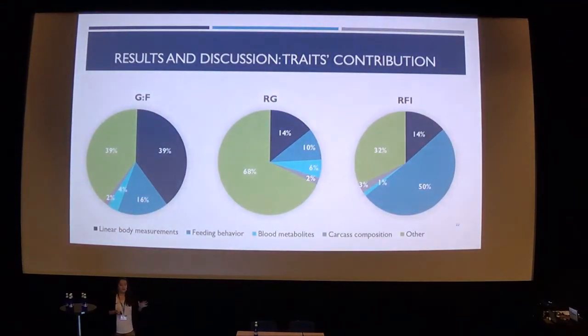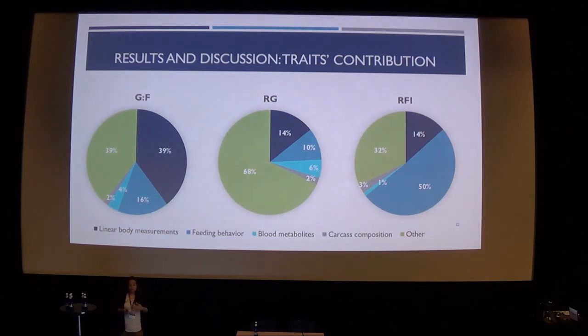So now there are a couple things that we can talk about with those traits' overall contribution to the measures of efficiency. And first, in the pie chart related to gain of feed, we can see once again reinforcing the importance of linear body measurements in the context of that specific measure. Now when we look at residual feed intake, we can see that feeding behavior had a really important contribution for that specific efficiency measure.